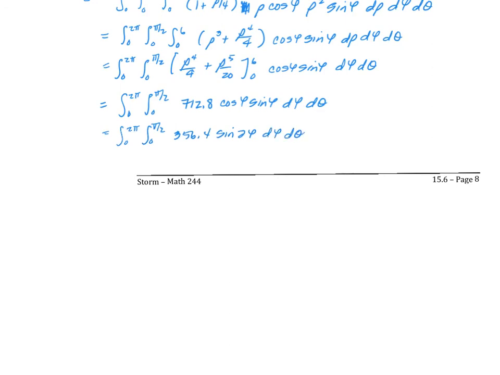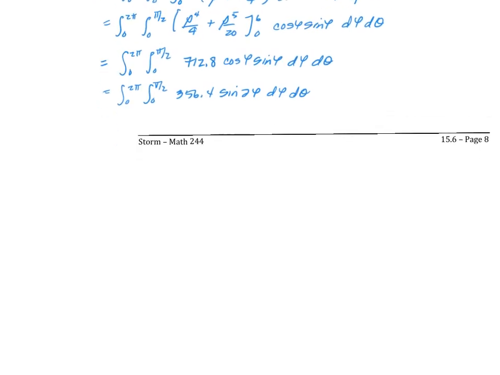All right. And now when I find the antiderivative with respect to phi, sine of 2 phi is going to be negative cosine 2 phi over 2, which means this becomes negative 178.2 cosine of 2 phi.